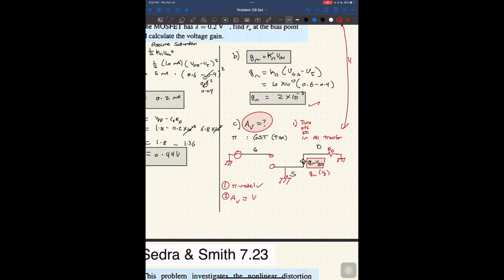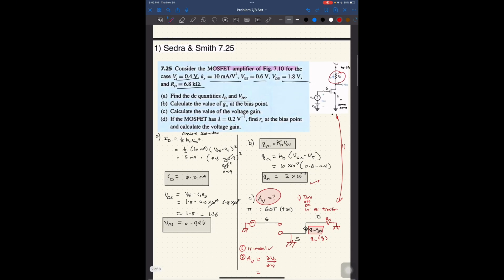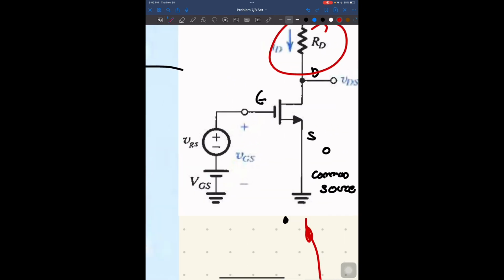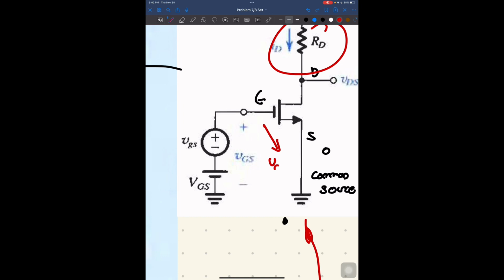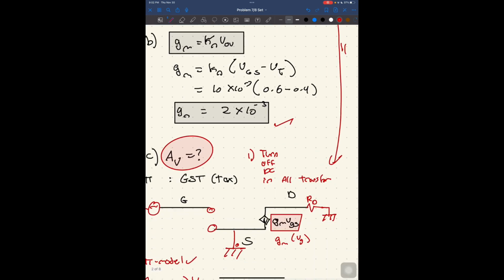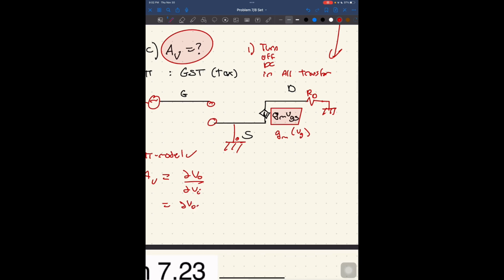Now my step 2 is to find the gain. AV is equal to dVO by dVI, which is what? What is my voltage output in this case? Here, I see that my voltage input is VGS, and my voltage output is VDS. So I'm saying it's going to be dVDS by dVGS, which is what?